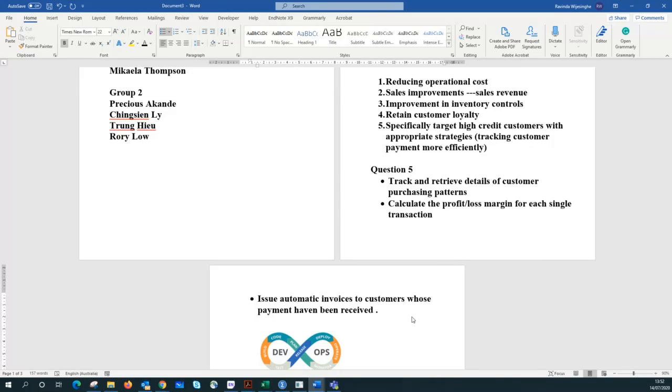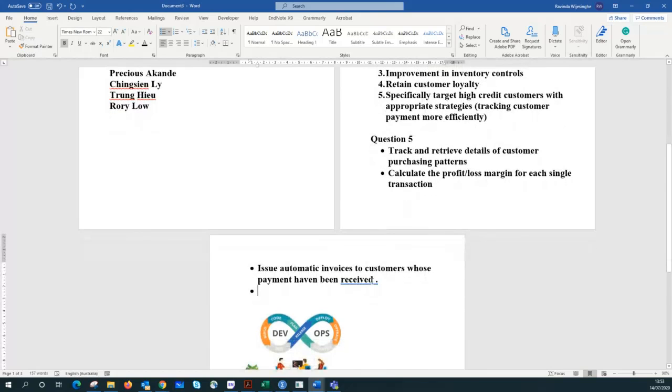We can include that in the automatic invoices. It will give an added benefit, from the company's point of view, to remind customers of the outstanding amount.